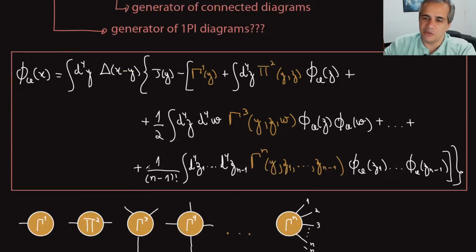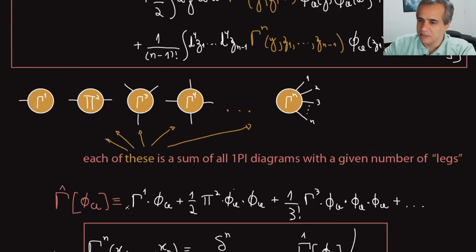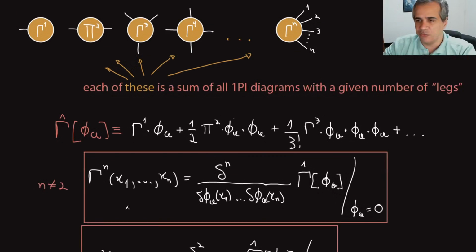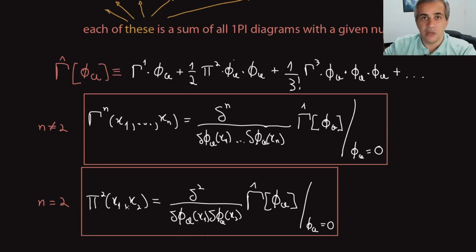Because the way I got to this gamma hat, for now, bears no relation with the Legendre transform itself. So I want to show these two things, and for that I will use the expression I have just shown.